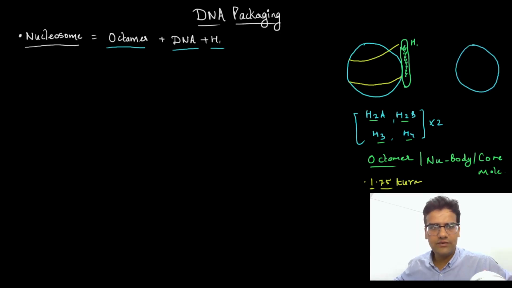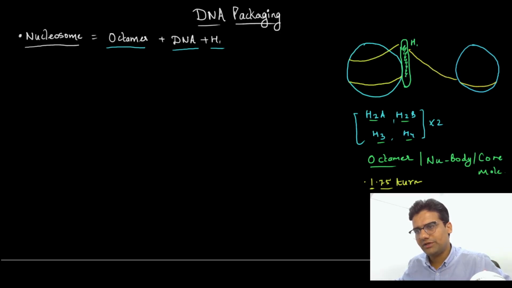The DNA which is present between these two octamers is what we call linker DNA. It will complete two turns similarly, and then there will be histone protein. So this DNA here is what we call linker DNA.